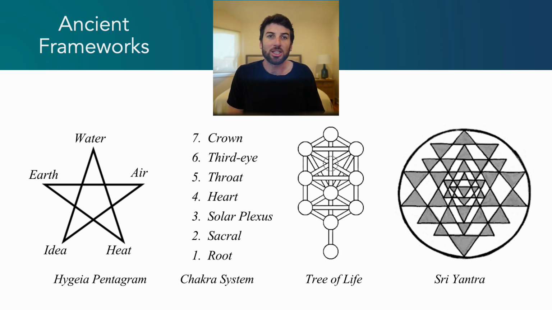So this Hygeia pentagram from Greece shows the 4 elements: earth, water, air, and fire or heat, in addition to this 5th element, idea or spirit. And this pentagram was used to understand the different phases or transformations of natural elements, as well as the elements in oneself. And balancing these different internal elements could help lead to health.